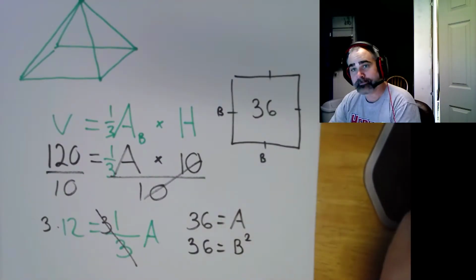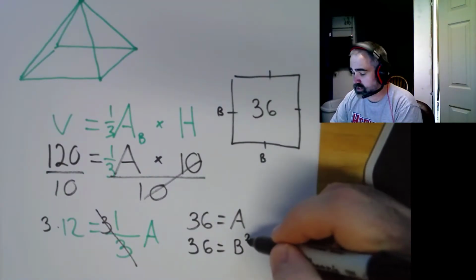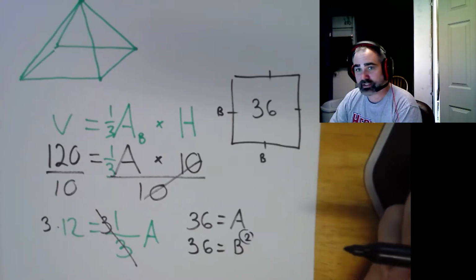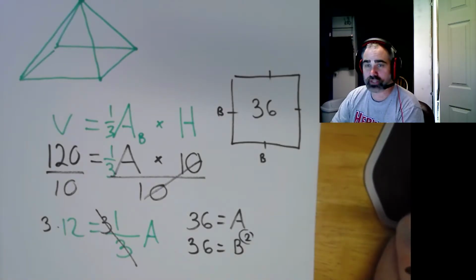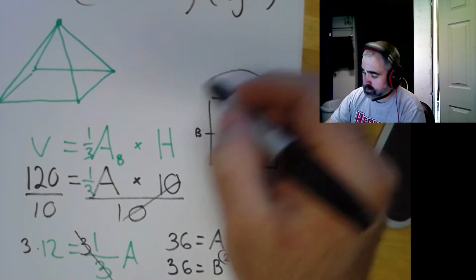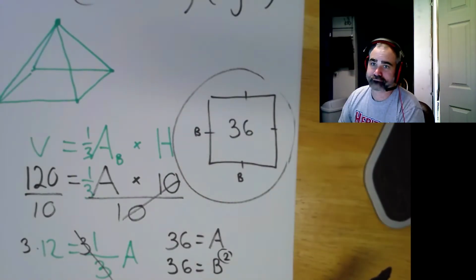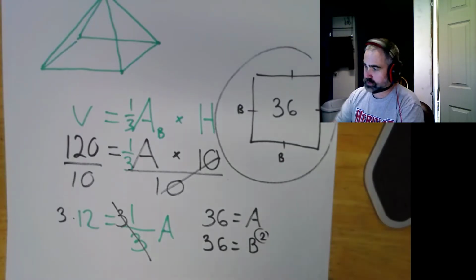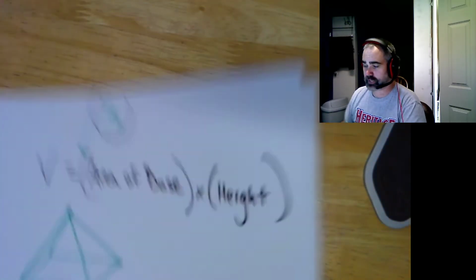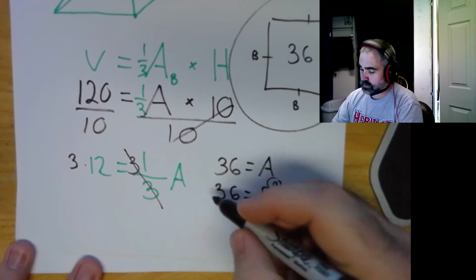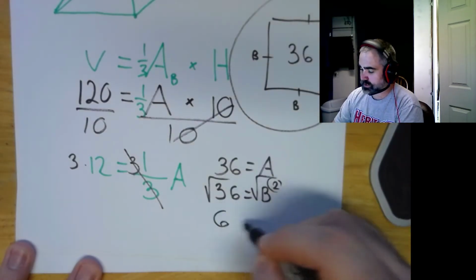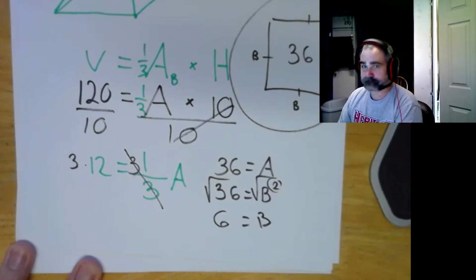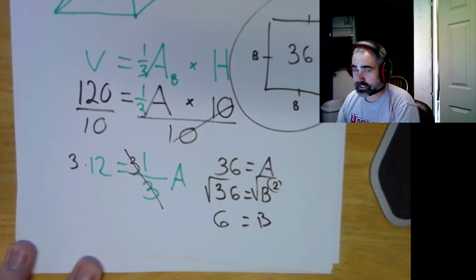In fact, the reason we use the word squared to represent an exponent of 2 is because it's the area of a square. So if you want to do the opposite of squaring something, use square root. Square root both sides to get 6 equals b. And that's one side length.